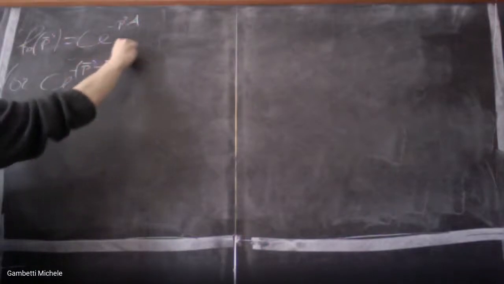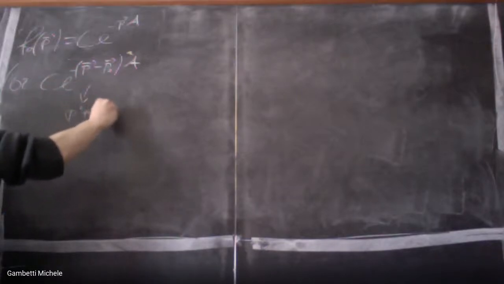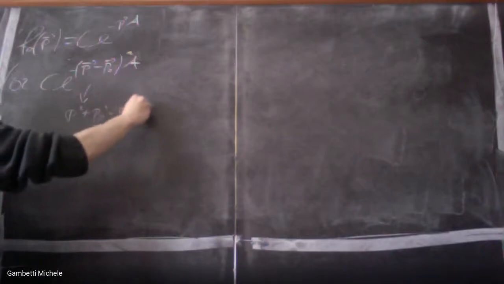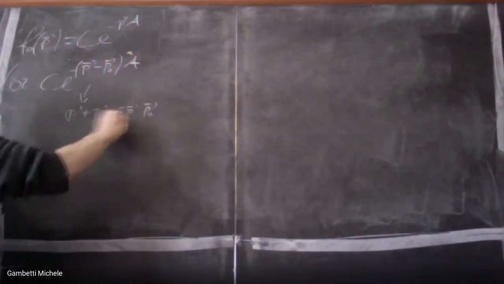Well, actually, as I said before, I can also write something which will depend on p squared plus p0 squared minus 2 p scalar p0. This is more general, of course, and in this way I have a conservation of energy and, in the equation that we derived last time, a conservation of momentum.